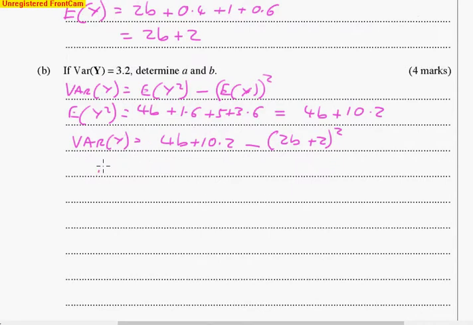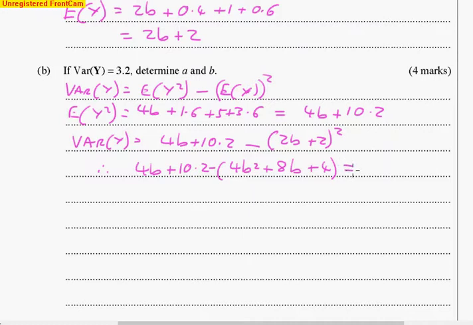So therefore we've got 4b plus 10.2, let's expand this out, minus first term squared, that's 4b squared, twice the product, 4b, 8b, square the last.